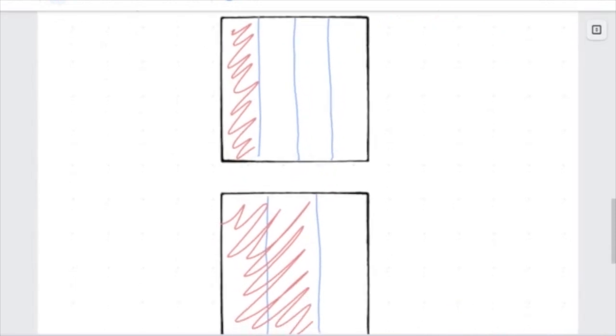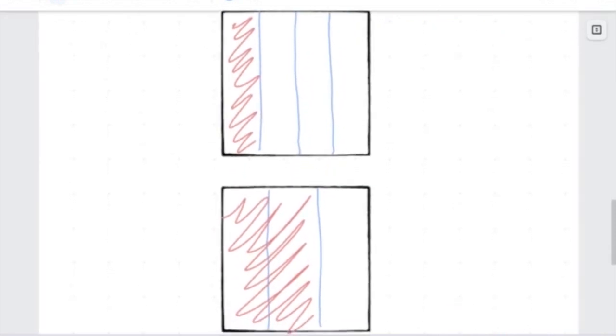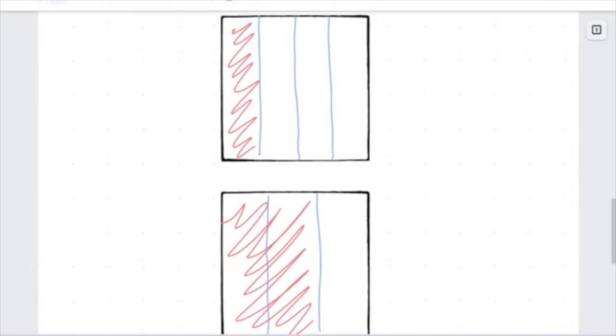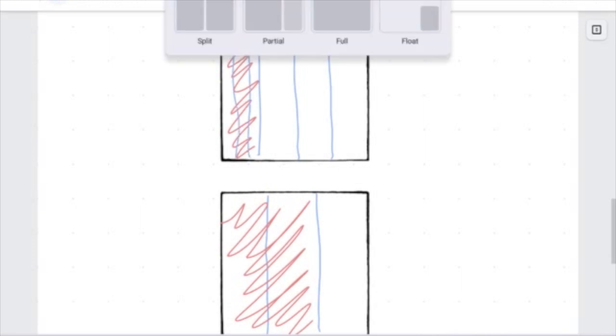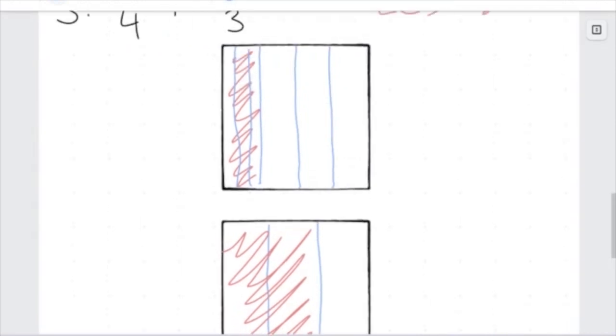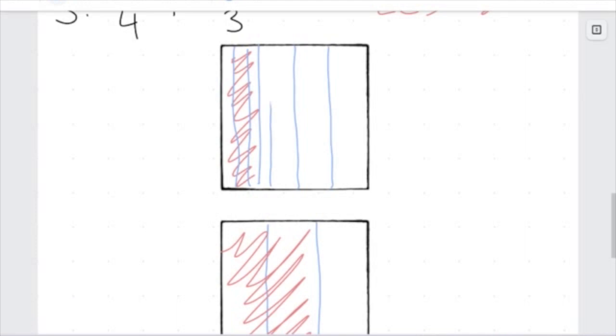Now, this may look a little messy because I don't have a load of space, but just bear with me. Hopefully it'll look relatively neat. Now, here I can break this up into 12. Whoops. To here, to here.